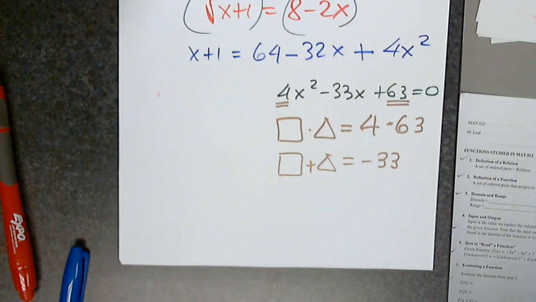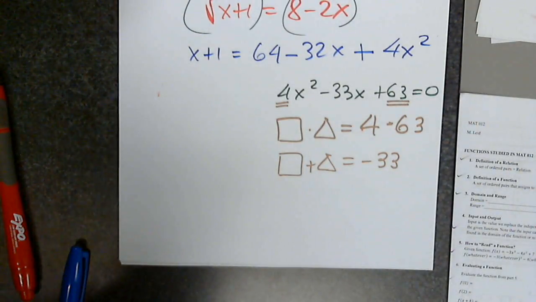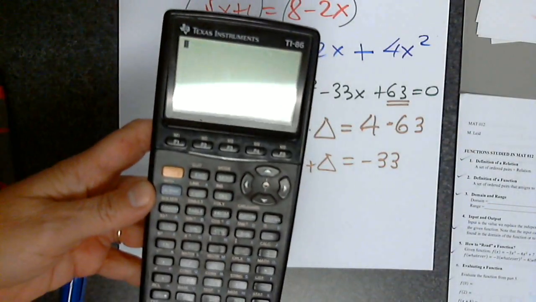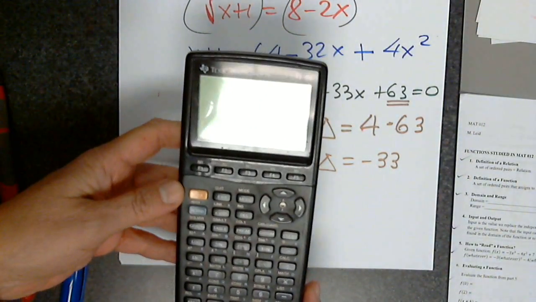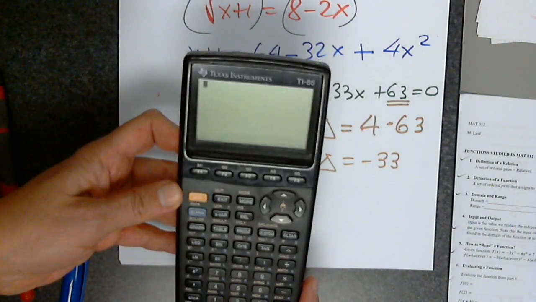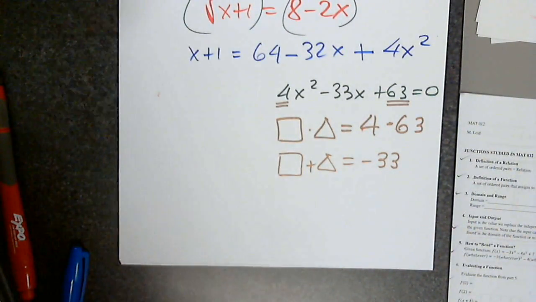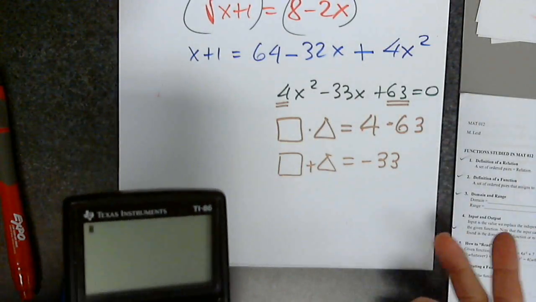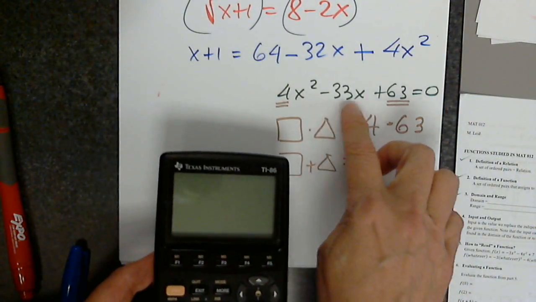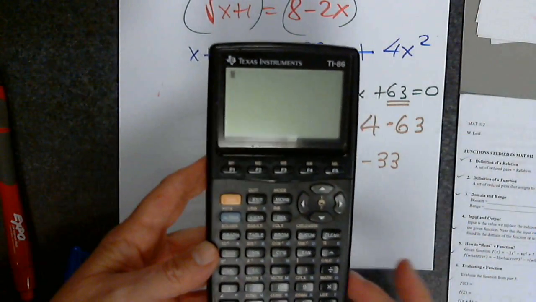What I'm going to do, if I find my calculator, the one that I like very much, and for some reason they don't produce this anymore, I haven't seen it anywhere. It's an 86. I think it's way better than 84. So what I'm going to do, because again I don't want to hold you, I only have 3 minutes, and we have to find those numbers and then go back and distribute and use factoring by grouping.